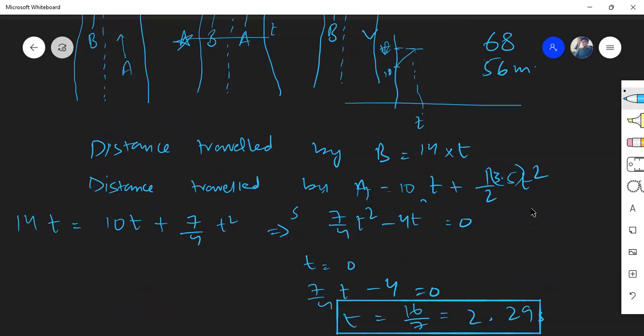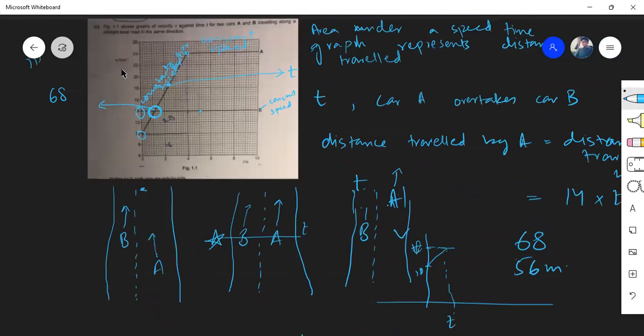But how did you get 3.5 for the acceleration? I just told you, you just told me that acceleration is change in velocity over time. So the velocity changed from 10 to 24 in 4 seconds. Do you agree with this? The change was 24 minus 10.